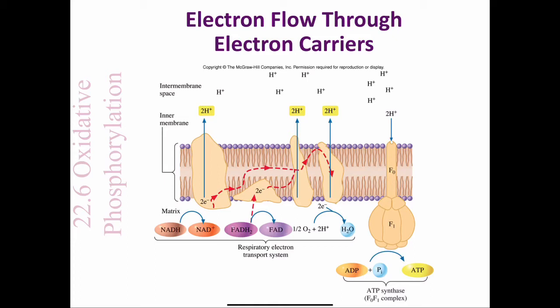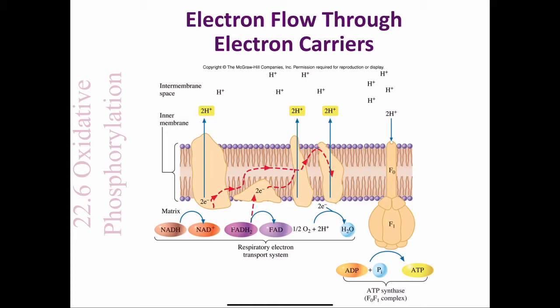The electrons are passed sequentially through the electron transport system, and at 2 additional sites, protons from the matrix are pumped into the intermembrane compartment. With each transfer, the electrons lose some of their potential energy.